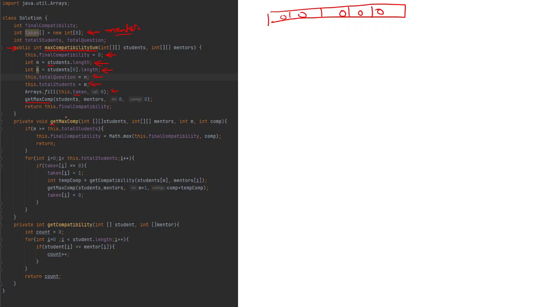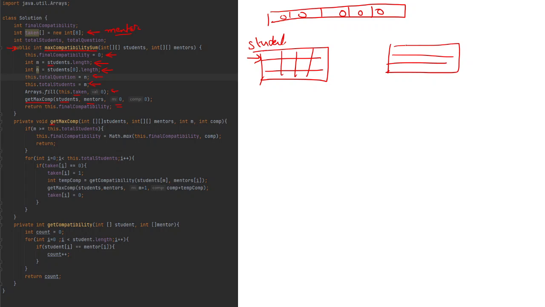When we come into this function, we have all the students, mentors, and m as 0, as in the first row that we are taking for students. And for each student we are going to check each mentor.